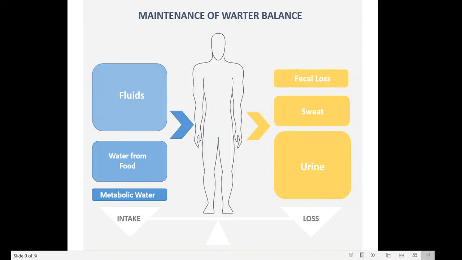So if we sweat too much, we need to take more water, because water loss happens in the human system. After urine excretion, we also need to take water. So there is a loss of water, and we need to take water.